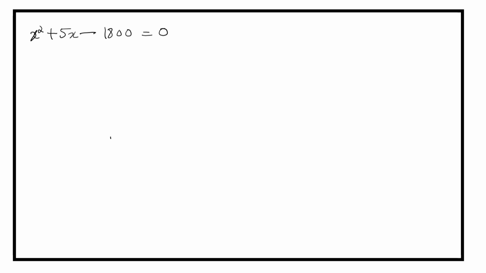Here either we can factorize it or we can use formula. We have to have two numbers such that if we add the numbers we get plus 5. If we multiply the numbers we have to get 1800. 40 and 45 are two such numbers. 4 5s are 20, carry 2, 4 4s are 16, 18, 40 and 45.